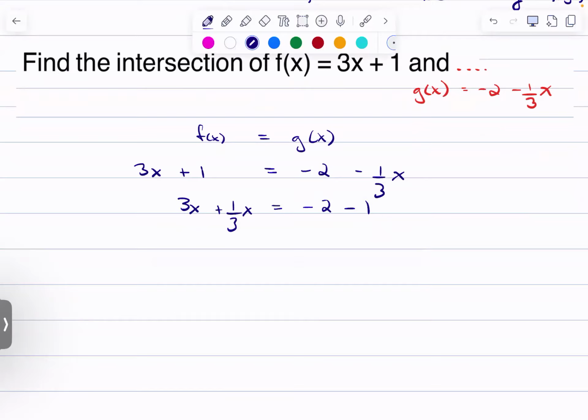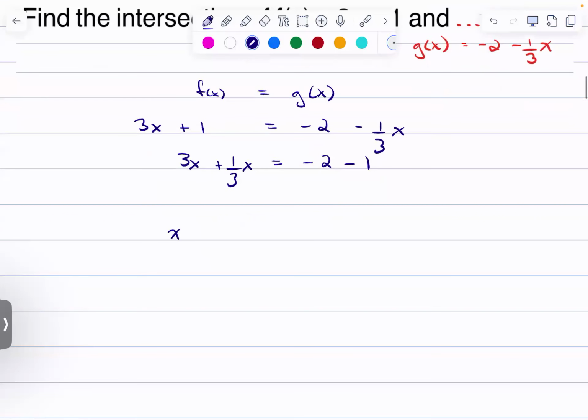Kind of synchronized math, I guess. You can try it on your calculator. For collecting your x's, you do have a 3 and a 1 over 3x. And so technically what you're doing is pulling out a common x and adding 3 and 1 over 3. Well, technically, that's what you're doing.